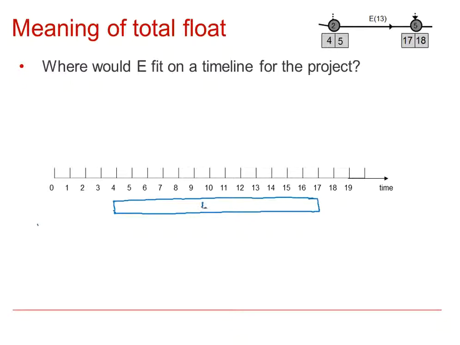We would label it, so it could start at 4 and then 13 later would be 17, but the latest it can finish is 18, so we would show that 1 unit of float using dotted lines from 17 to 18 at the end of the activity.